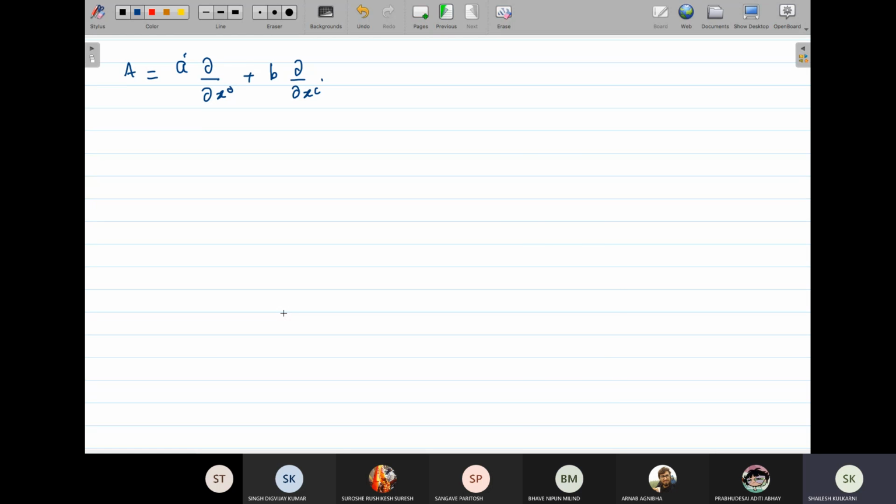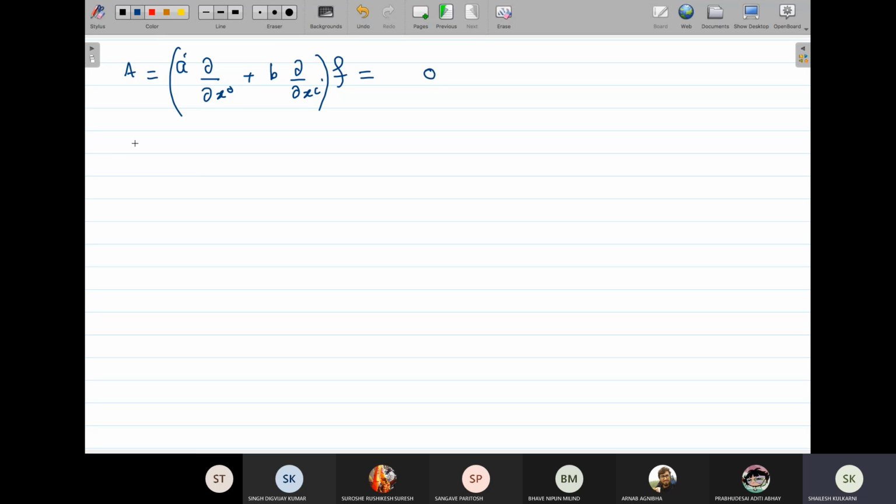Yes, sir. It can be Lorentz covariant, right? Yes, sir. Okay. So I can construct an equation out of it. I will act on some function and equate it to 0. I can form an equation out of it.